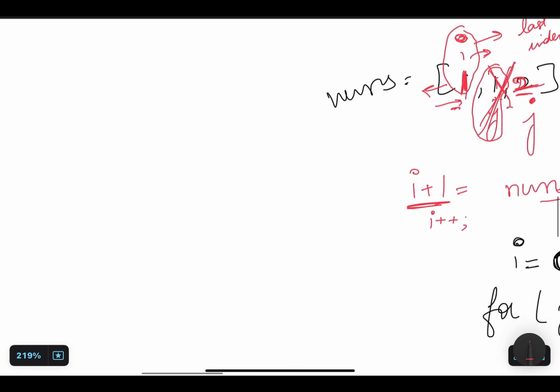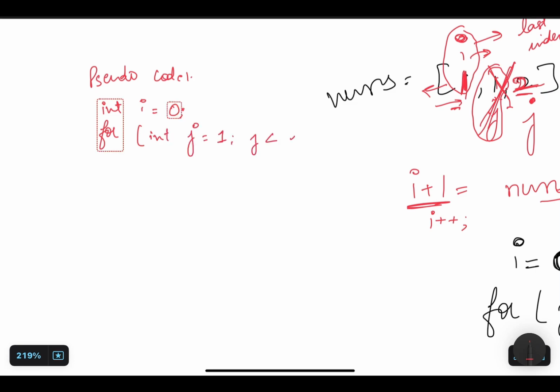Let's see the pseudocode, how to write this code. What we are doing, we are using one index, let's say i, which is initially at 0. Okay, and we are running one loop, for example with j, which is initially at 1, and it will go till the length of nums, and we are incrementing j by 1.